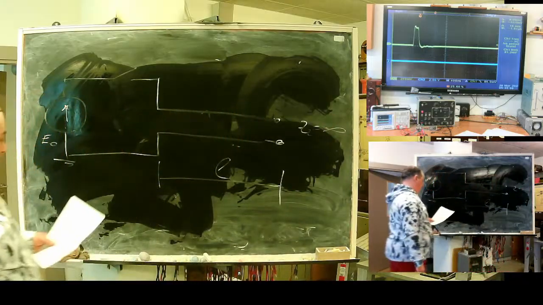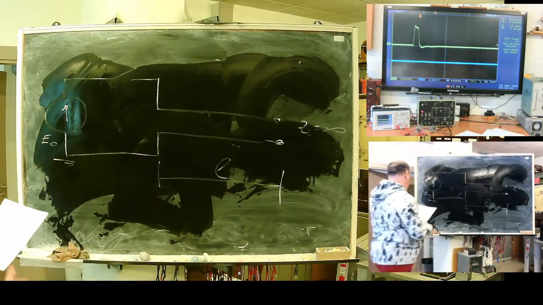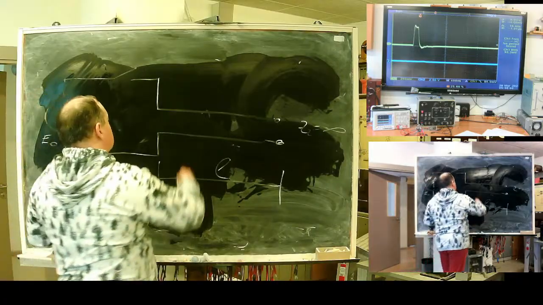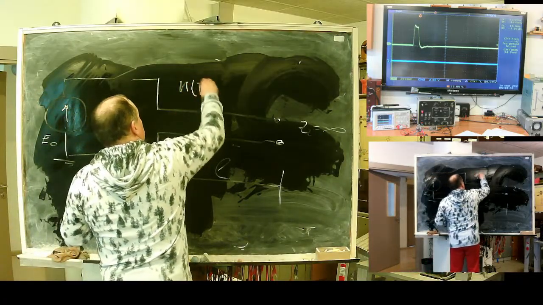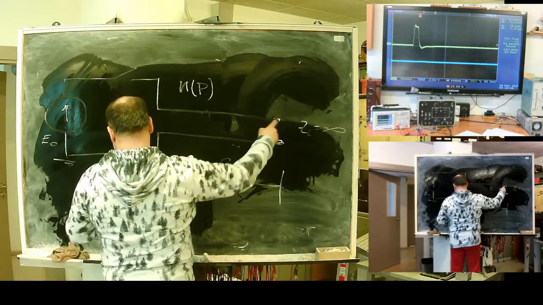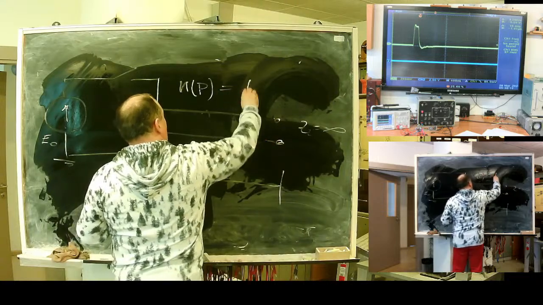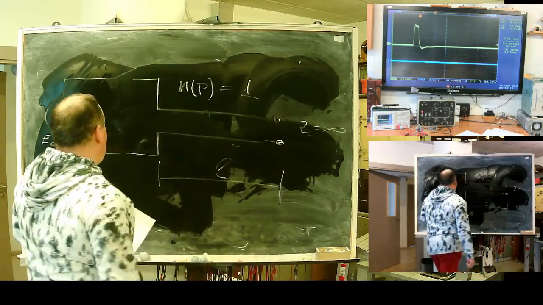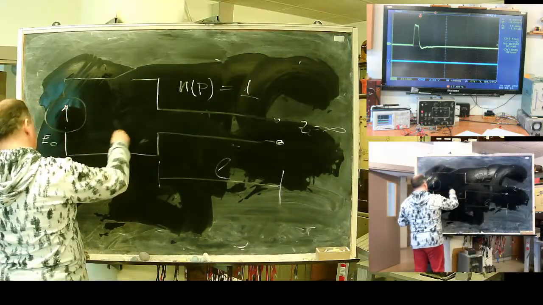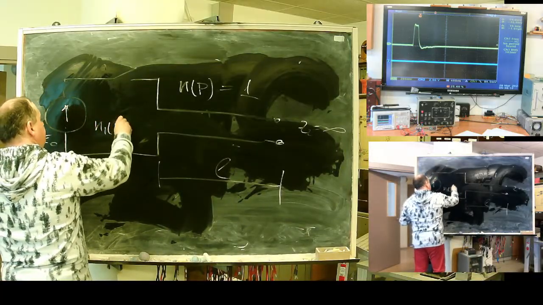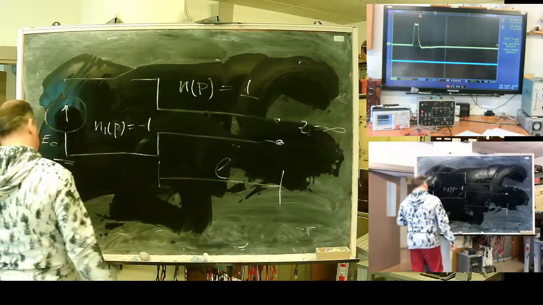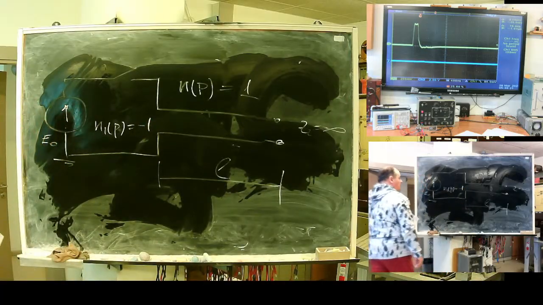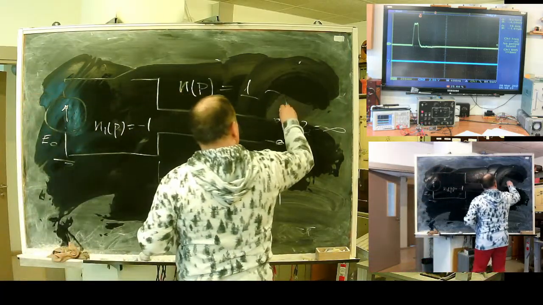Open line. In this case, reflection for this end will be 1 and reflection for this end will be -1.